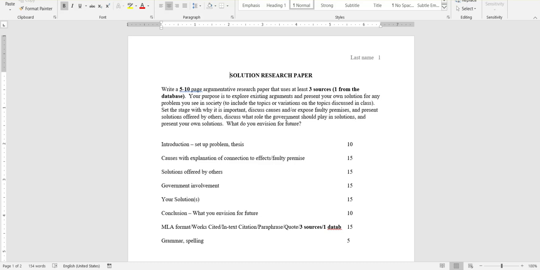Well, that's probably a good problem to solve. It can be something very simple and very local. It could be something at OCC, something at your old high school. It could be something about your town, your organization you belong in. It can be very simple. It does not need to be a big topic.